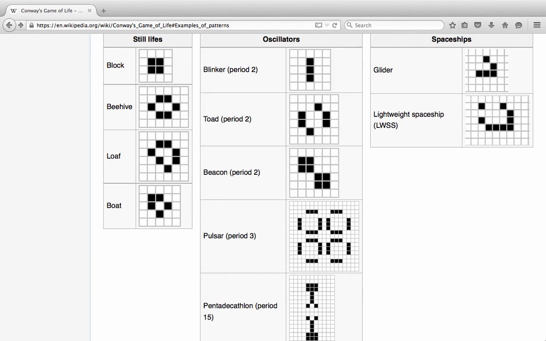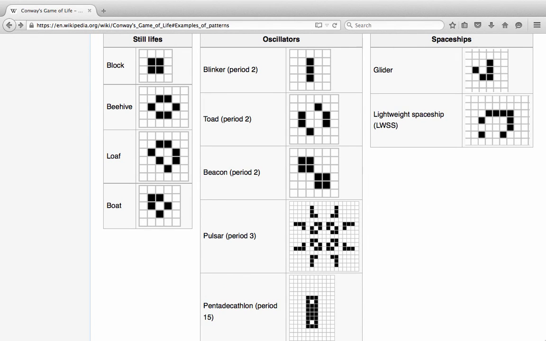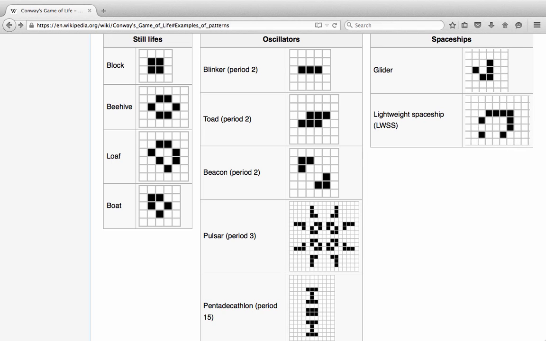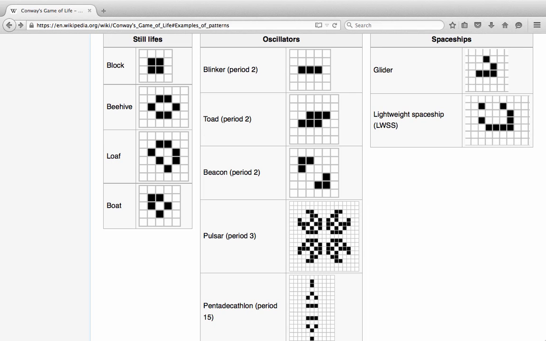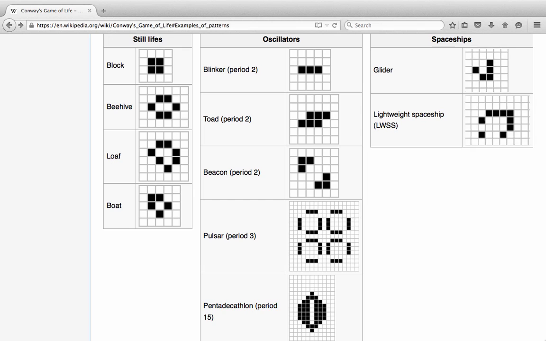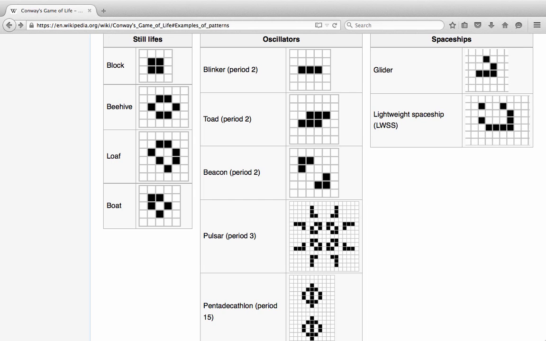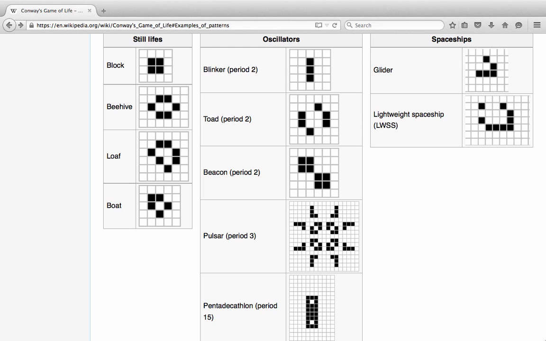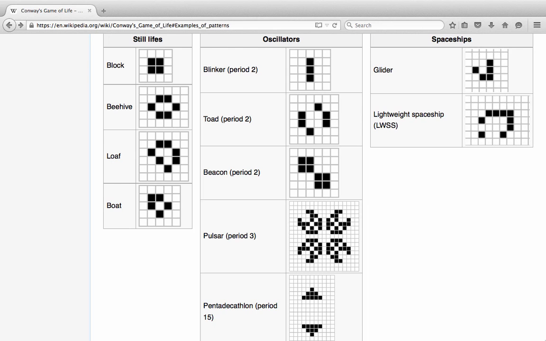Based on the rules that we just mentioned, you can see a few patterns that can arise. You can see on the very left column still lifes, steady situations that will not change. But what is probably more interesting is to see the oscillators. Take a look at the blinker, for example.